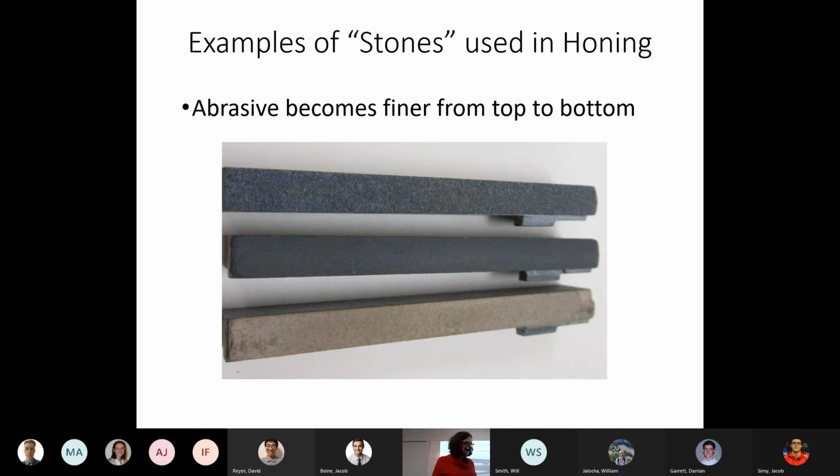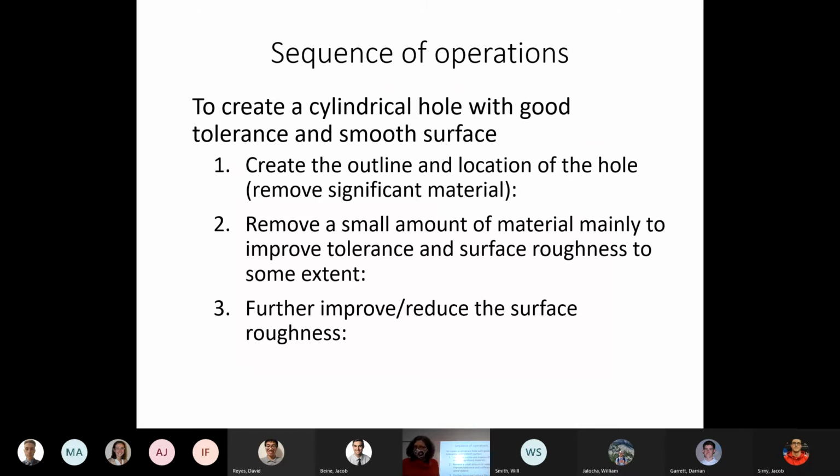Okay. So again, I mentioned the sequence of operations. Usually you're doing this finishing operation after a couple other steps because you need that smooth surface. Honing is going to be done on a hole. And again, we start with drilling the hole to create the location. That's oftentimes more of a roughing cut.